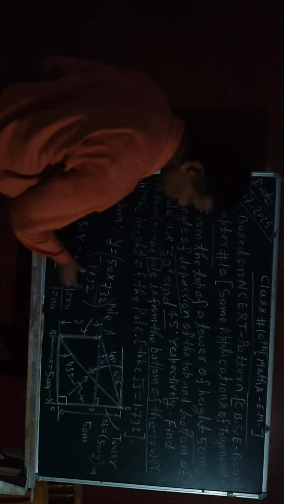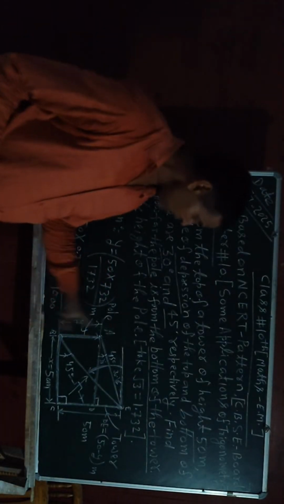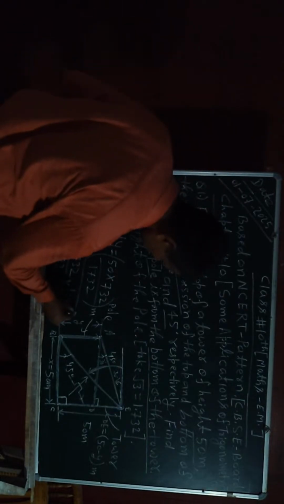You have to multiply 50 into this much, and then divide with this value, and after that you will get a real value, and that value is the height of the pole, and that height of the pole is AB. So according to this way I have solved the given question. Okay. So possibly you follow it.